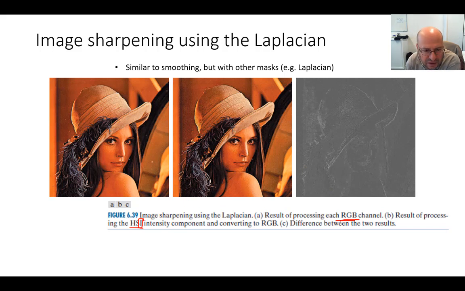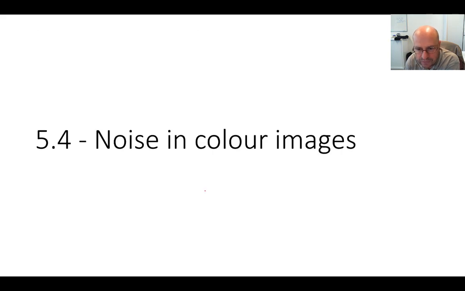You can see that the result of sharpening just the I component of the HSI image generated a much sharper figure. You can see better, especially on this portion here, while here it's kind of blurred, although the change out here is very sharp, and this is not as sharp as we wanted. Okay, and that's all for color.